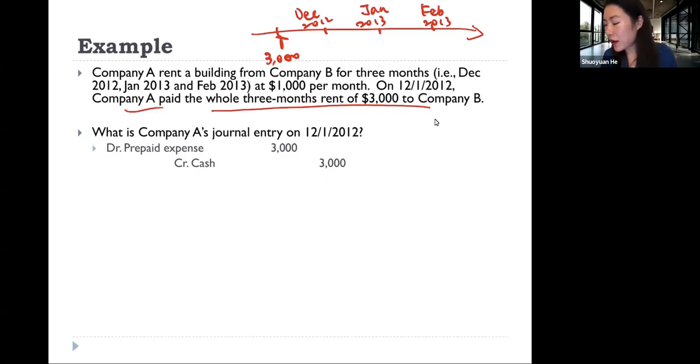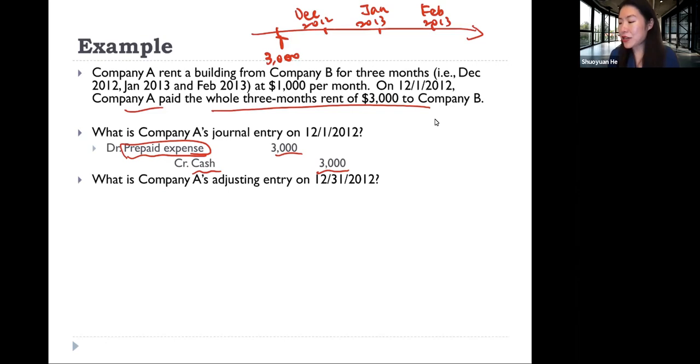But company A paid cash 3,000. So cash decreases; we credit cash 3,000. At the same time, it has a prepaid expense. The expense hasn't really happened yet. The economic event hasn't happened yet. So this is recorded as a prepaid expense.